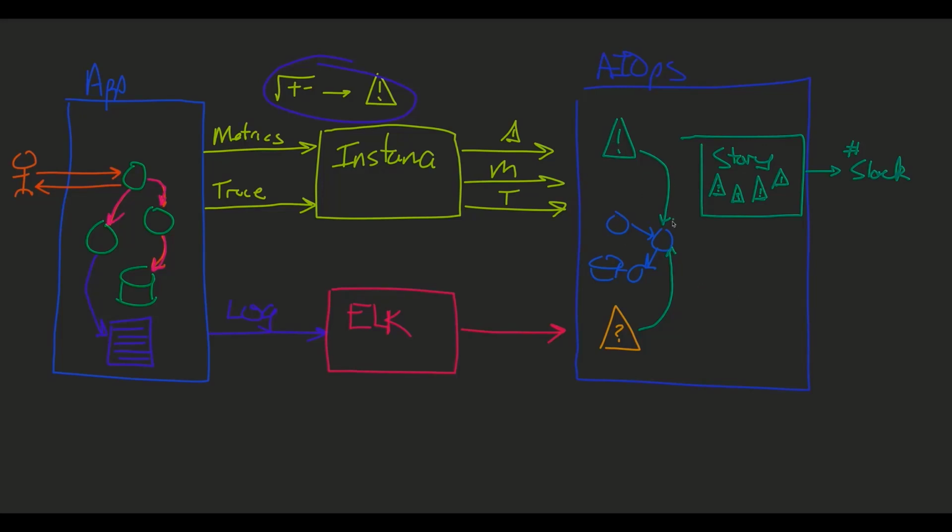Now, when an alert or event is made part of a story, there is potentially a runbook associated with it. A runbook is a series of instructions or automations that are known to be effective against a particular alert or anomaly in an application.